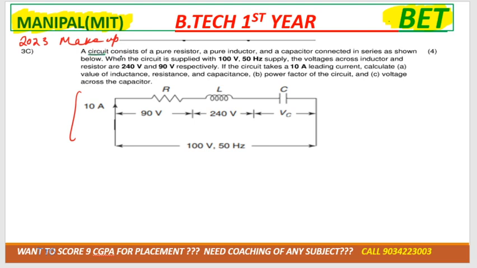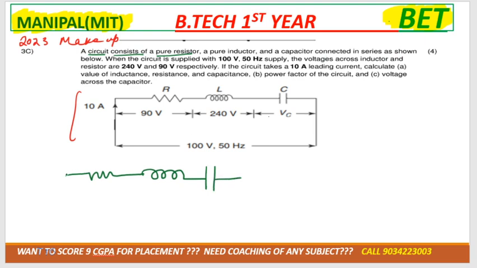They said a circuit consists of a pure resistor. Pure resistor means only the resistor, whatever they have given in the form of statement, you need to write down. And a pure inductor. Pure inductor means only the inductor, and a capacitor, connected in series.